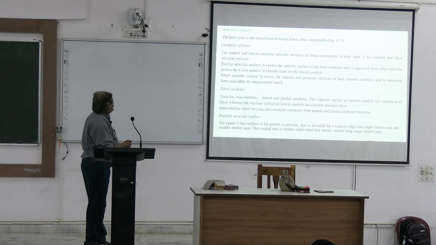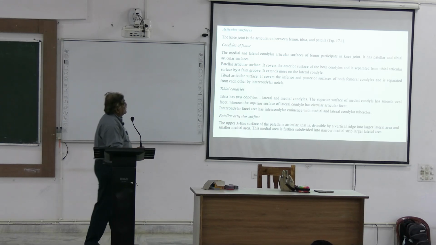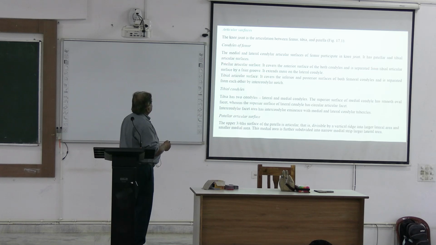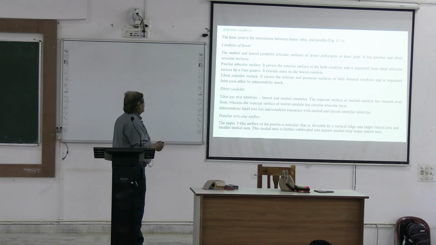The medial and lateral condyles of the femur participate in the knee joint, with patellar and tibial articular surfaces. Patellar articular surface covers the anterior surface of both the condyles and is separated from the tibial articular surface by a faint groove. It extends more on the lateral condyle.